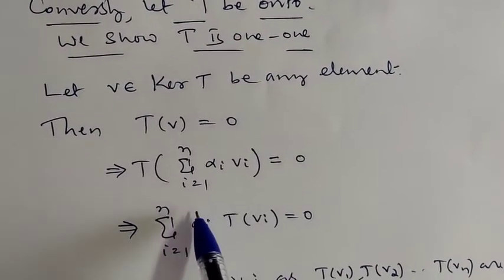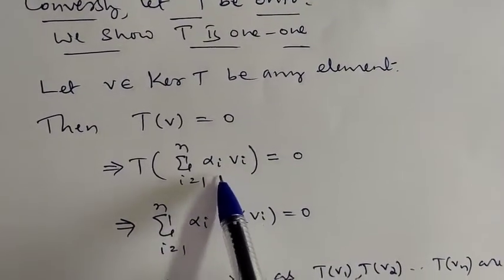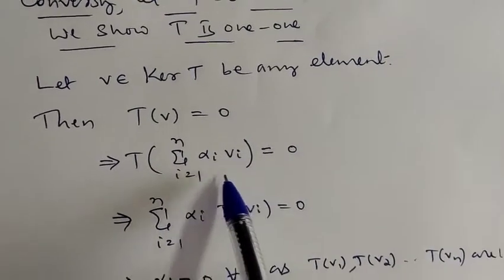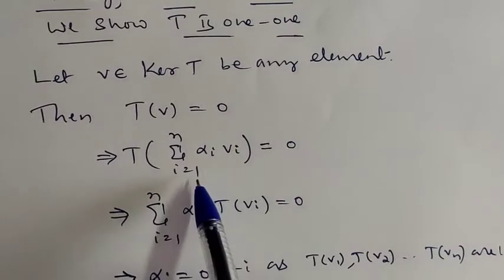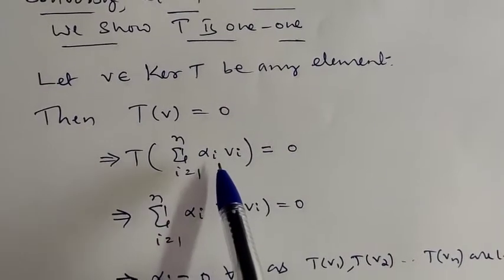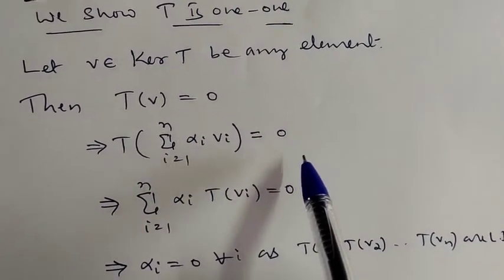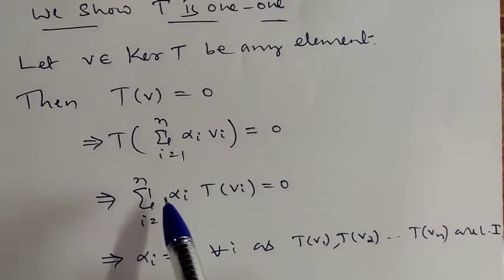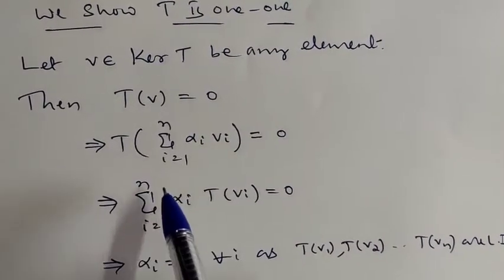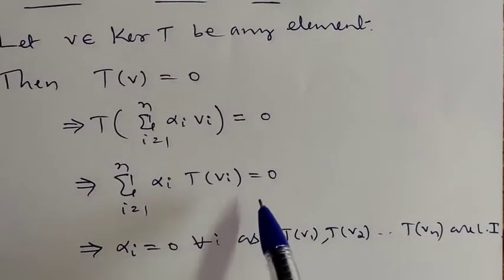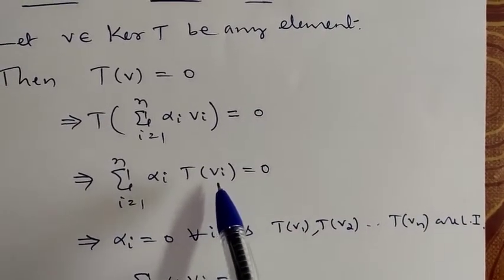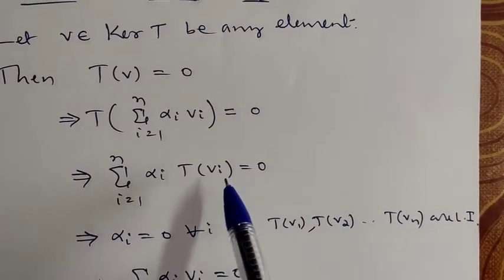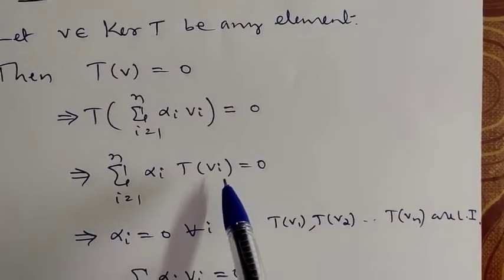This implies v is a linear combination of basis elements Vi's, which we write in summation notation as summation from i equal to 1 to n alpha i Vi equal to 0. This implies, since T is linear, summation i equal to 1 to n alpha i into T of Vi is equal to 0. Again, we know that T of V1, T of V2, etc., T of Vn are also basis elements, meaning they are linearly independent.